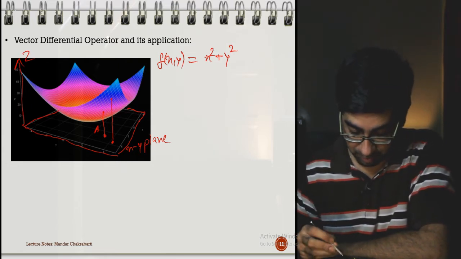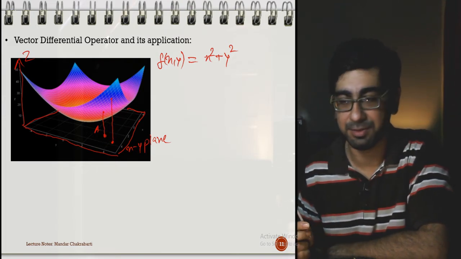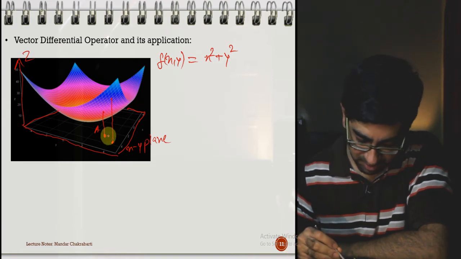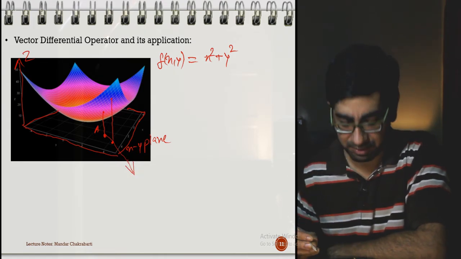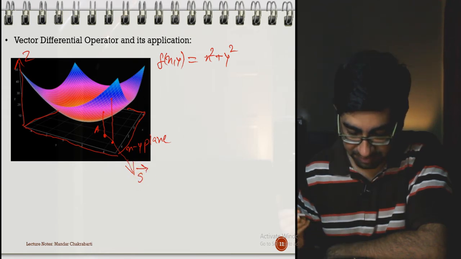Earlier we had moved along the x-axis. This time we are not exactly moving along the x-axis, but rather along an axis of this sort, right? So I'm going to call this a vector, say I call it my S vector.